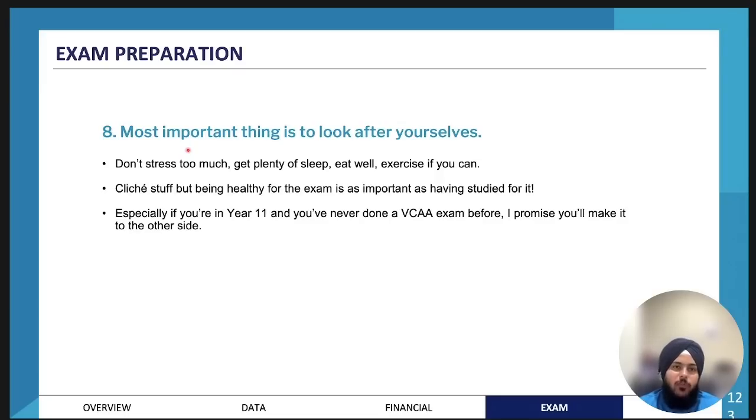What I mean is, if you are in year 11 doing a year 12 subject, just think of it as a subject that you're going to put in your bottom two. Really try and focus on this and really try to get the full experience, because it's really going to help you next year when you actually get into year 12. But if you're in year 12, you might already be exposed to the exam structure, so you would have done the GAT, for example, or you might have done year 11 subjects. So overall, just really trying to get familiar with the overall VCAA exam structure is really important here.